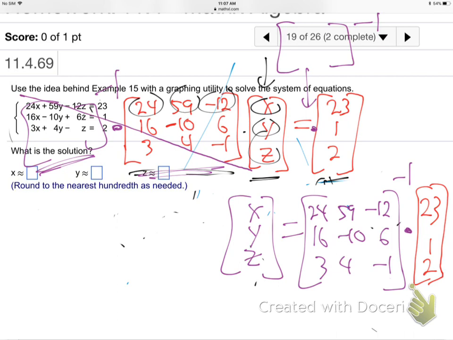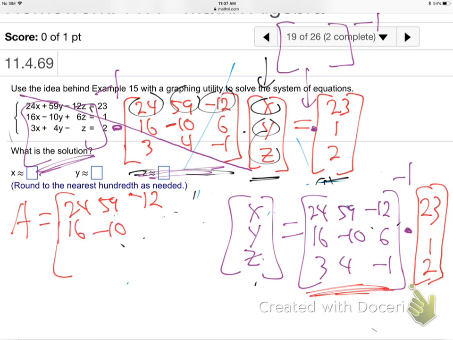So I'm multiplying by the inverse matrix on the left of both sides. We also make the 23, 1, and 2 into a matrix, right? Yes. So basically you put this into your calculator. Let matrix A, or B, C, whatever you like, be the big old 24, 59, negative 12, 16, negative 10, 6, 3, 4, negative 1.